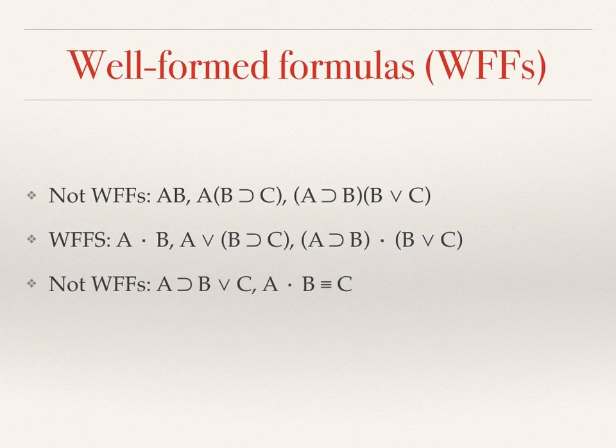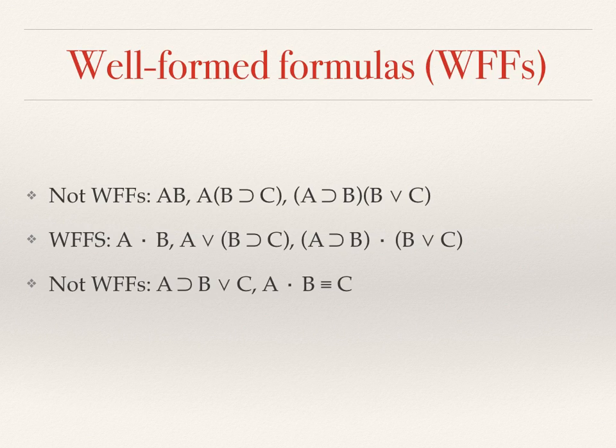Another example, here we have a case where we have operators between each of the statements, but we have three statements without knowing which ones we should deal with first. As in math, we have what's called the order of operations, and you need to determine the truth value in a particular order. The way you determine the truth value is you first figure out what the main operator is, and then you figure out the truth value of the non-main operators first. Well, in this A implies B or C, we don't know what the main operator is.